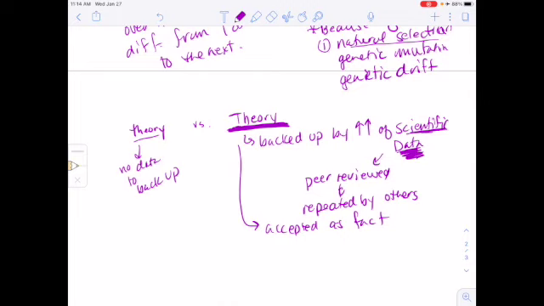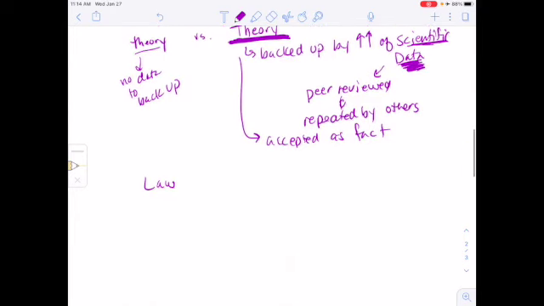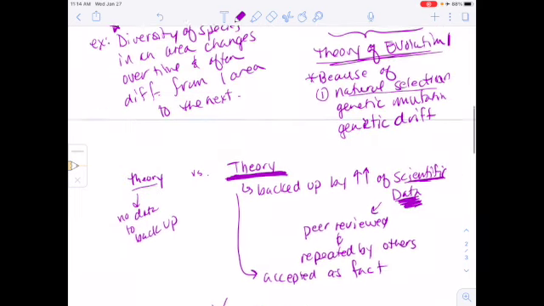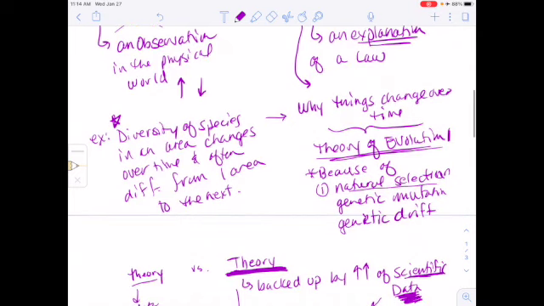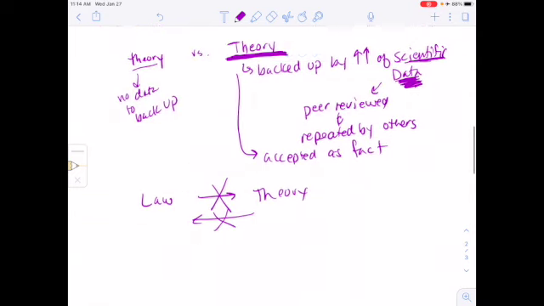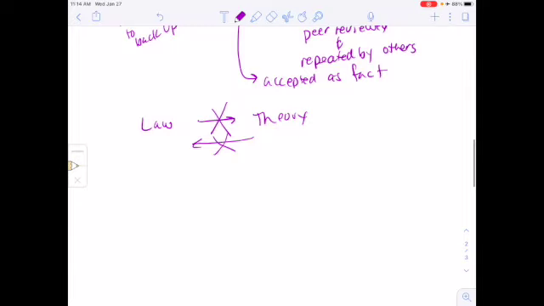I want to point this out, too: a law is not like human laws, like a bill becoming a law. A law does not ever become a theory, and a theory does not ever become a law. They don't graduate. We're not like, oh, the theory of evolution is so good, we're going to call it the law of evolution. No. Theories and laws are not the same thing.